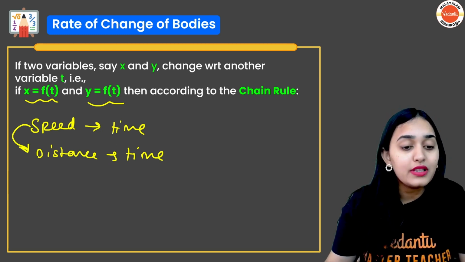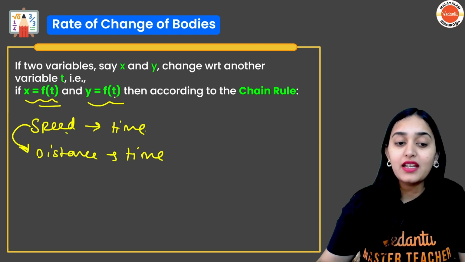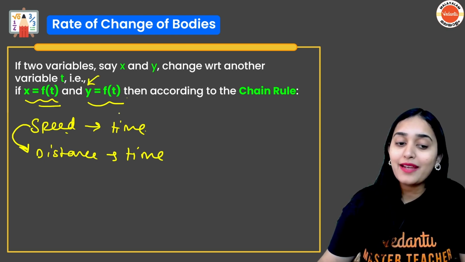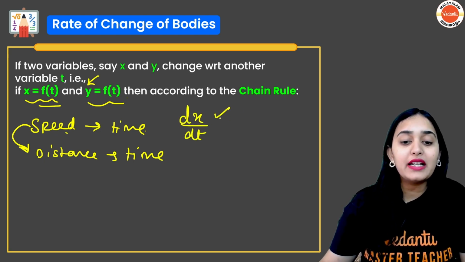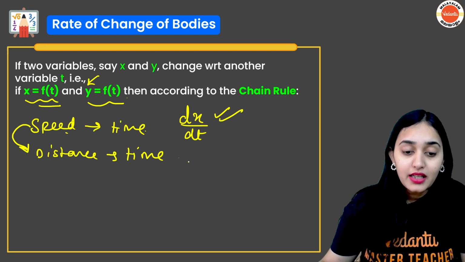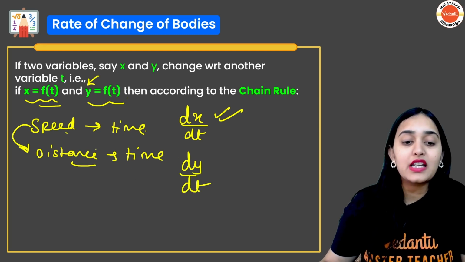How will you do that? Suppose speed x is a function of time, f(t), and distance y is also a function of time. First we will find dx by dt, how the speed is changing with respect to time. Then we will find dy by dt, how distance is changing with respect to time.